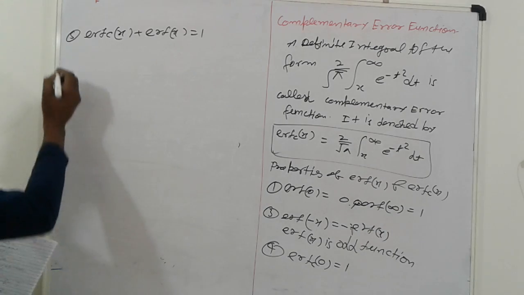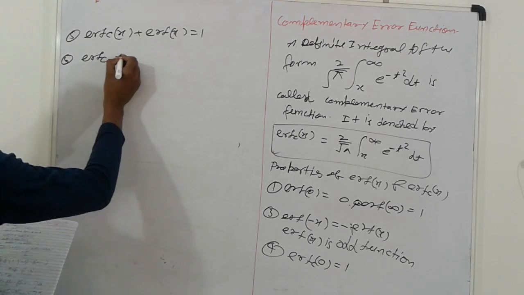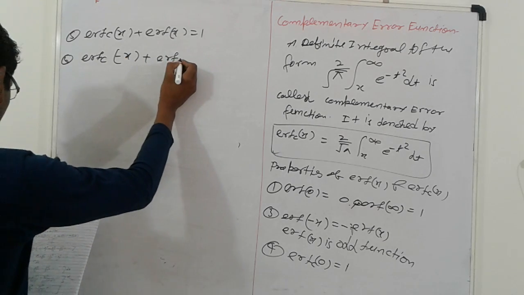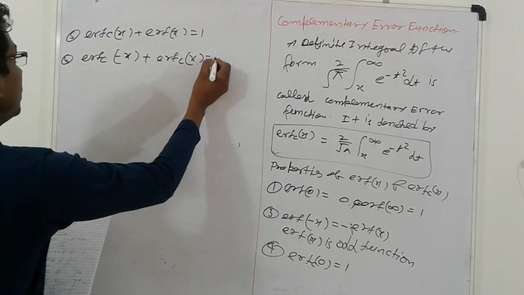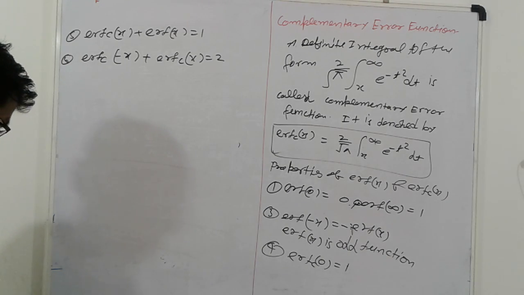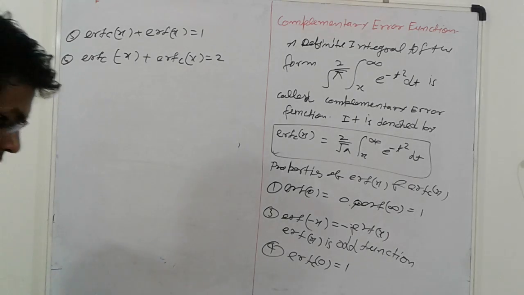Next, property 6, erfc of minus x plus erfc of x is equal to 2, is another property. Okay, that is properties here.